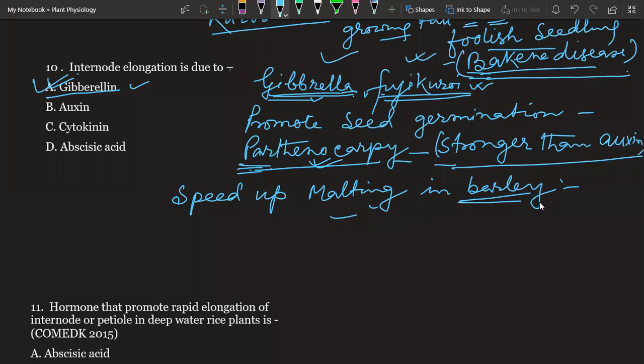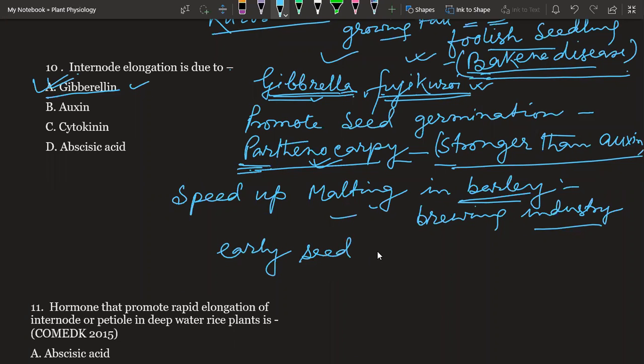Malting is used in the brewing industry. It can also cause early seed production and maturation.